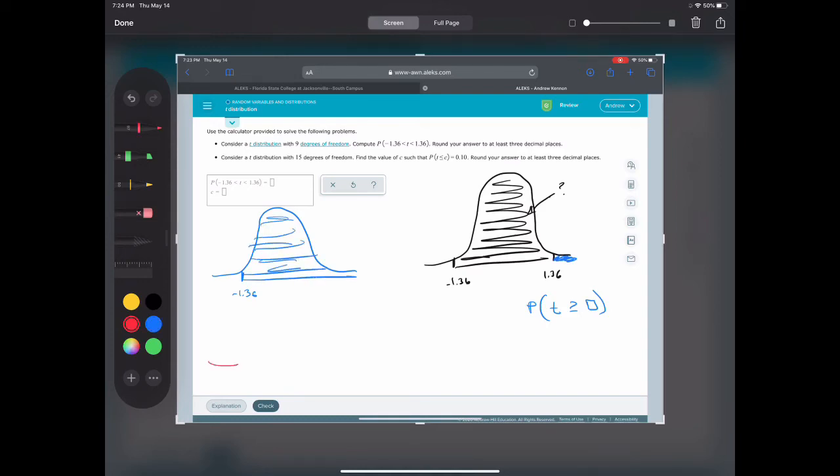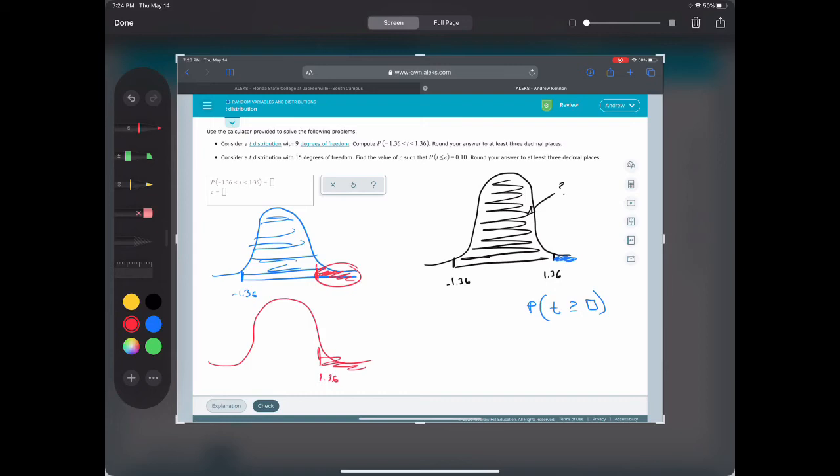And then find this one, the 1.36, and that's going to give you everything to the right. So what that's actually going to do is subtract, and we can subtract these two numbers and take that off. So if we find the blue one, and then we find the red one, and then we can take this area off, it would give you what's left over in the middle.